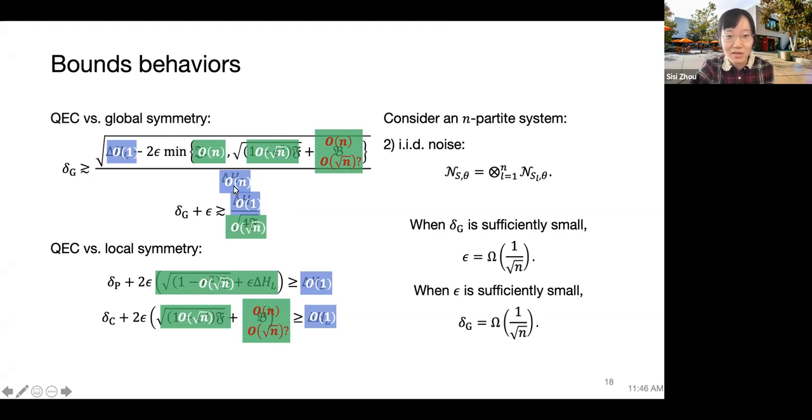But actually, the difference is that the first type of bound and the second type of bound will have the same behavior. So both of them are going to have this type of 1 over the square root of N lower bound.